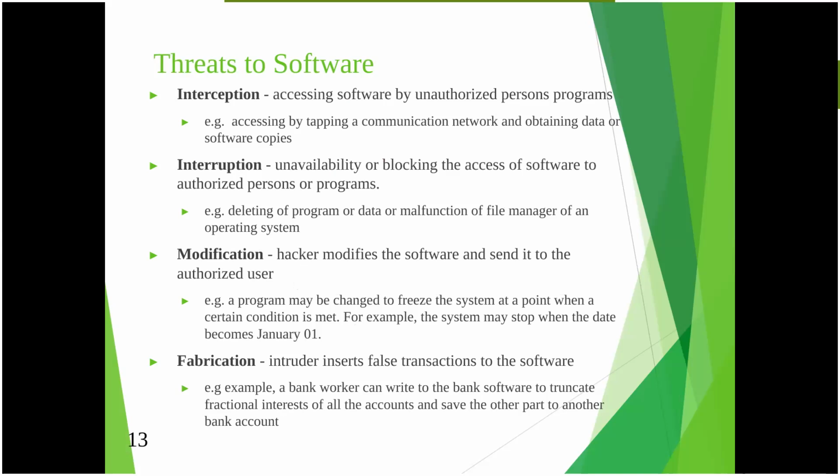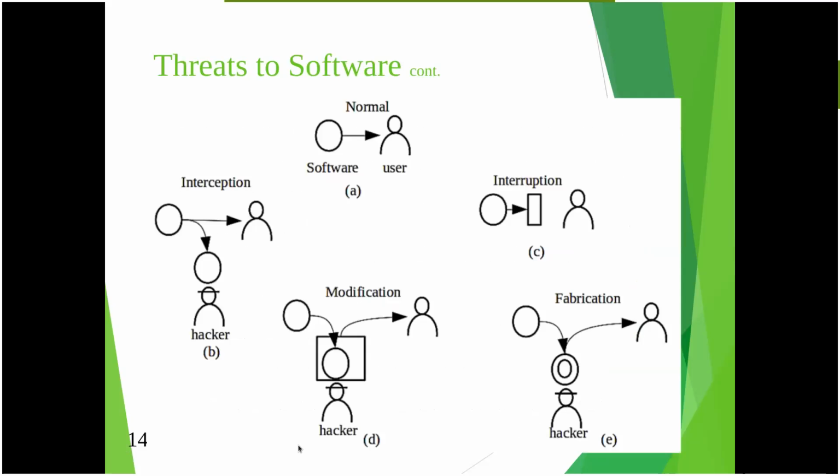For example, the system will stop when the date becomes January 1, or in one day. That is one type of modification. Here you can see the modification. The software is here, the hacker changes the software, and the user sees this modified software.